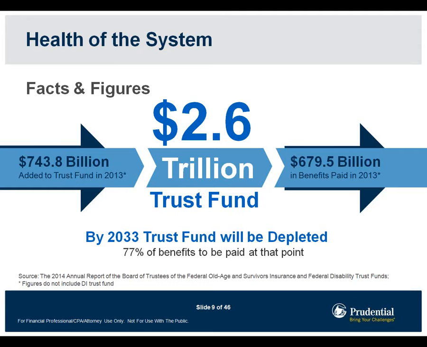You know, Social Security was created in 1935. And in 1935, you were entitled to Social Security benefits once you reached your full retirement age of 65.